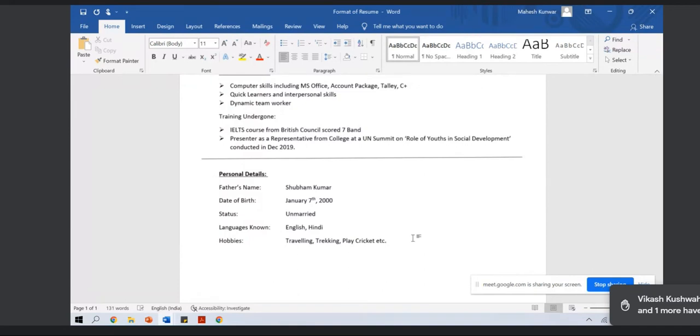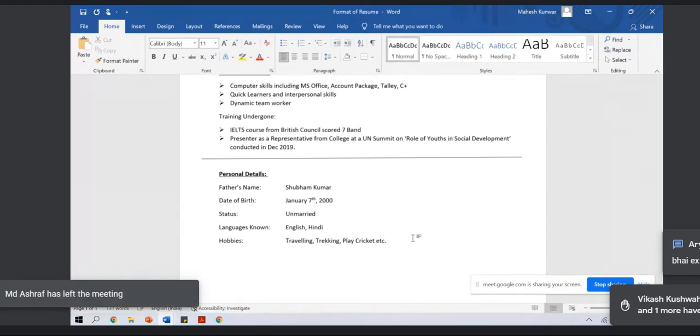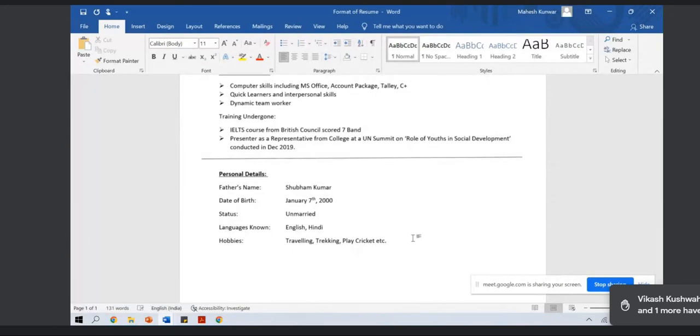Like if you are applying for a job in research and development, quality control, such departments where you don't have to work as a team member, where you have to work as an individual, you have to research, you have to have keen interest, and use your mind most of the time instead of just being dynamic team members and working with the team. At that time, you can mention your hobby as playing chess.